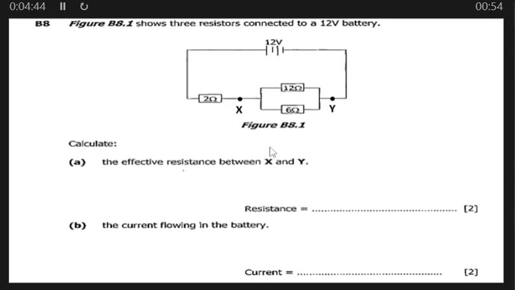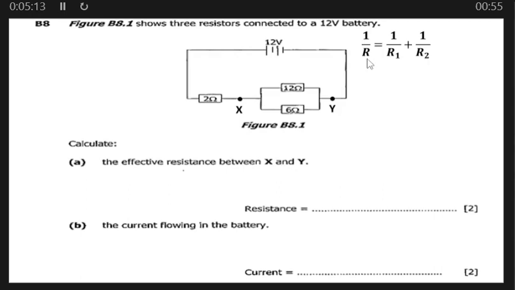So remember the previous lesson where we derived the formula for calculating the total resistance for resistors connected in parallel. If you never watched that one, you can click on the link which is appearing here so that you can watch that video. So in that video we said the total resistance is given by this formula. So this is the formula which we use to calculate the total resistance in parallel circuit.